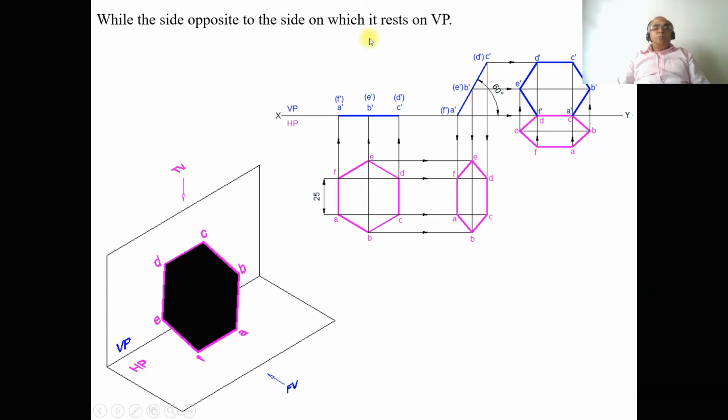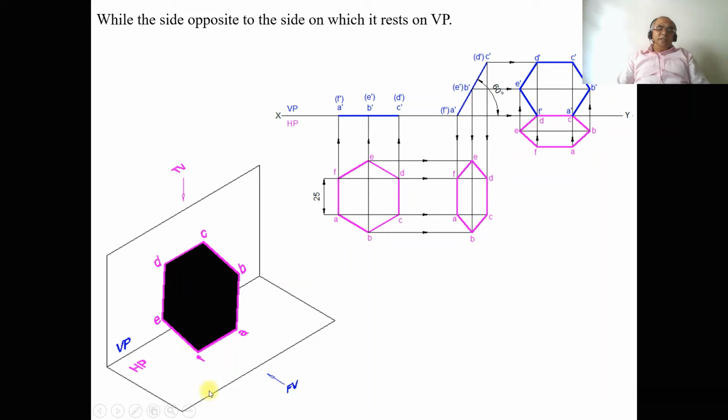Now, the side opposite to the side that rests on HP has to rest on VP. Which is the side opposite? The side opposite is CD, because A dash F dash is the side resting on HP. The side opposite to this will be C dash D dash, that is CD has to rest on VP.